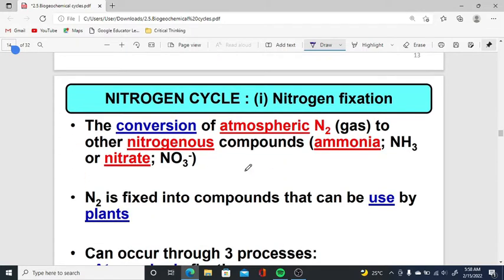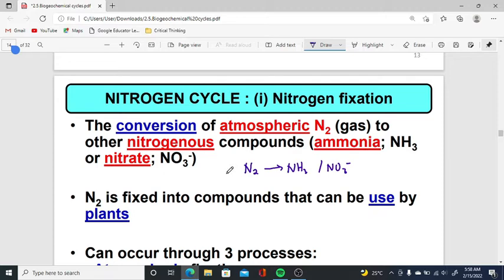Alright, so first is nitrogen fixation. Alright, so the conversion of atmospheric nitrogen gas. So untuk convertkan nitrogen gas kepada other nitrogenous compounds such as ammonia or nitrate. So kita nak convertkan nitrogen gas kepada ammonia ataupun nitrate ion.